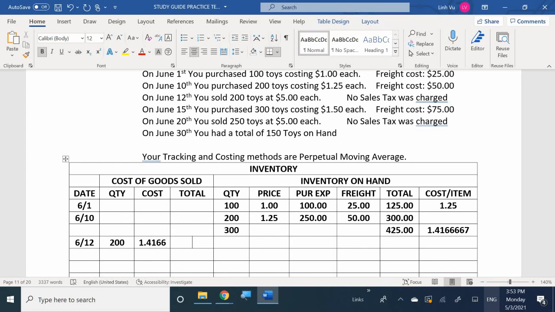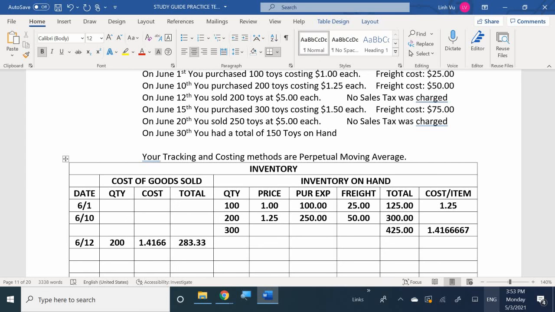So what is my total cost of goods sold? $283.33. 283.333333. Okay, perfect. So in this case, do we round up or do we round down?